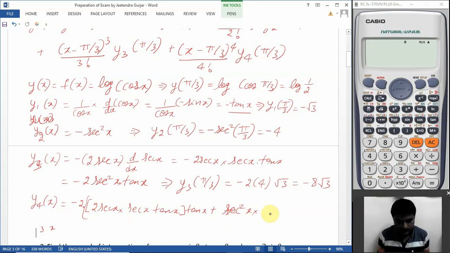Differentiation of tan x is sec square x.